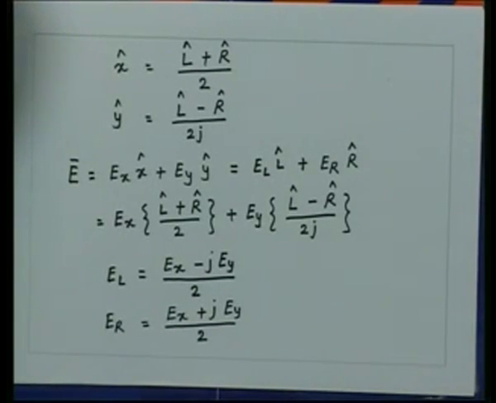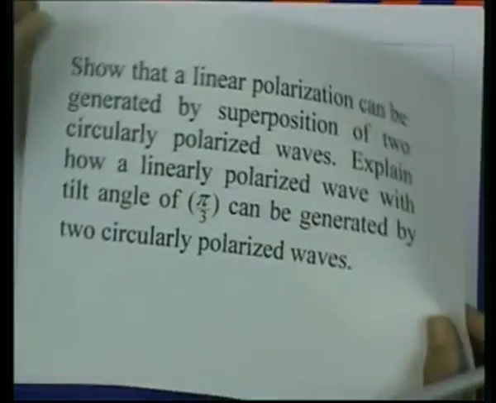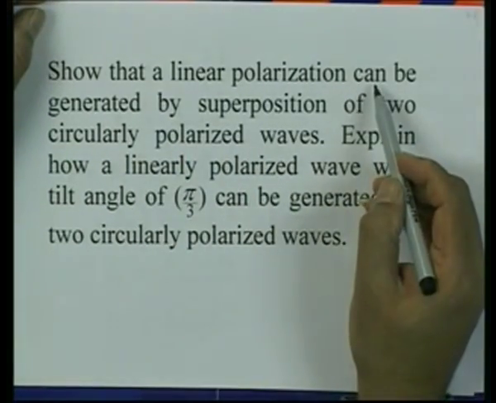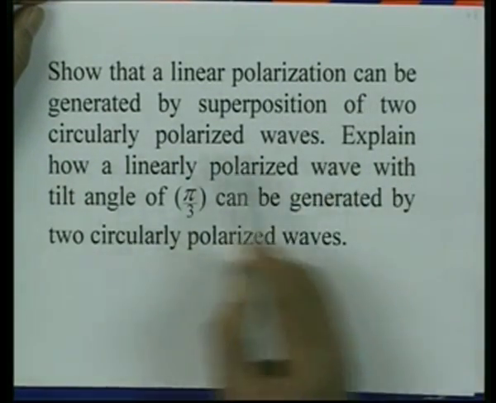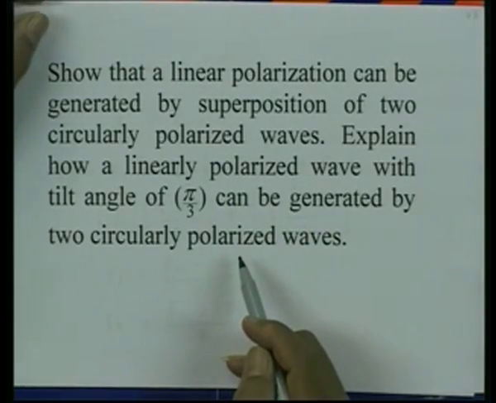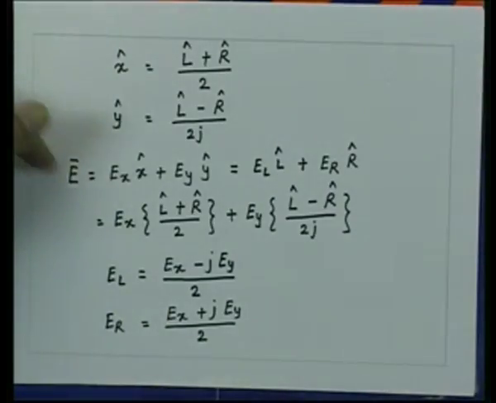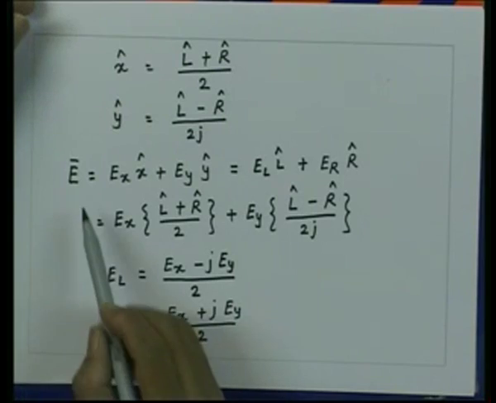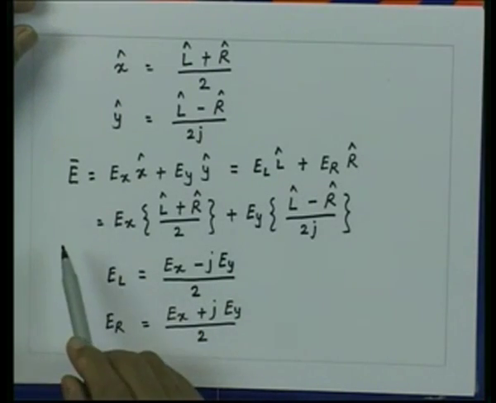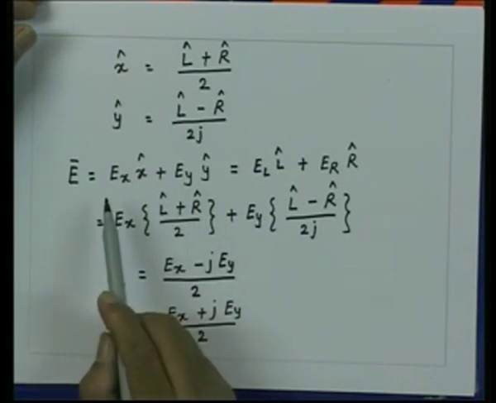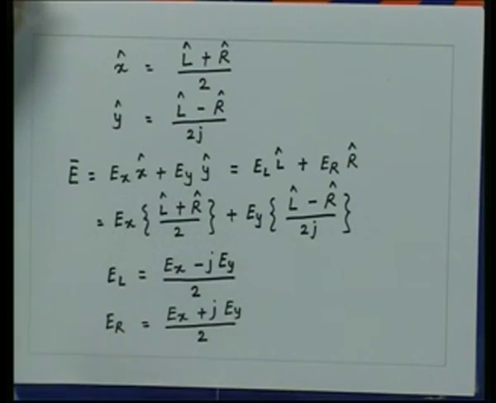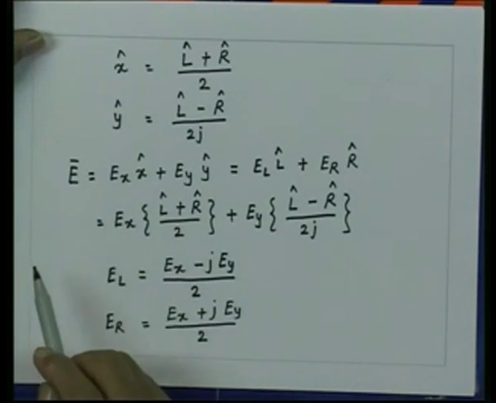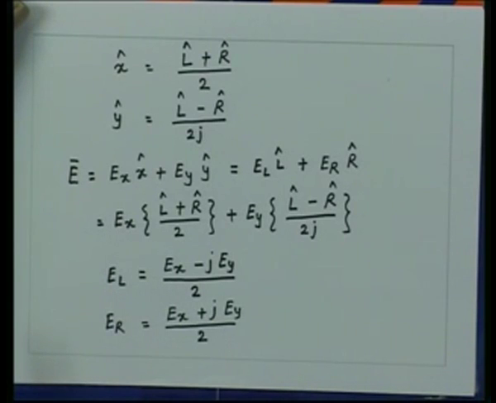Now, the problem is we want to represent a linearly polarized wave by the superposition of the two circularly polarized waves. So, the electric field which we are representing here is linearly polarized, and we know that the linearly polarized wave is generated when E x and E y are in phase. There is no phase difference between E x and E y; that gives you linear polarization.